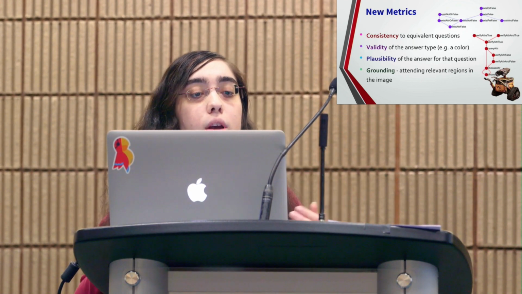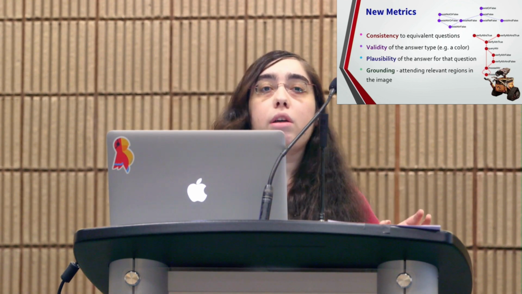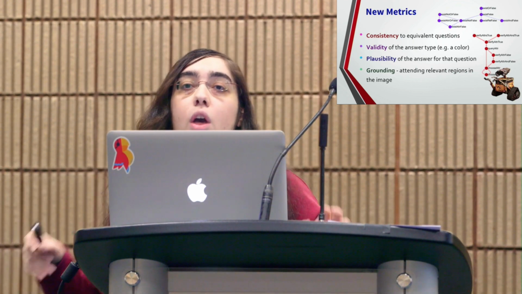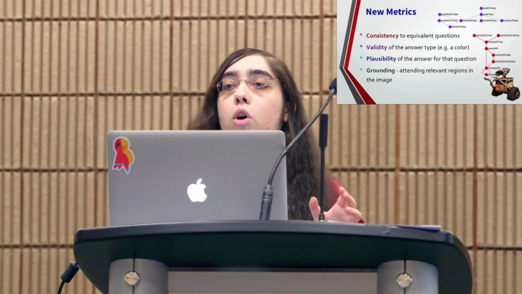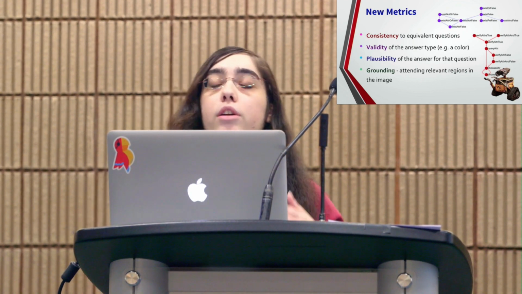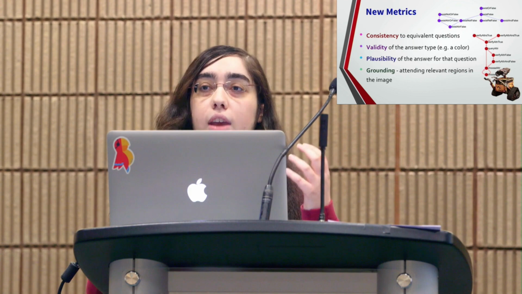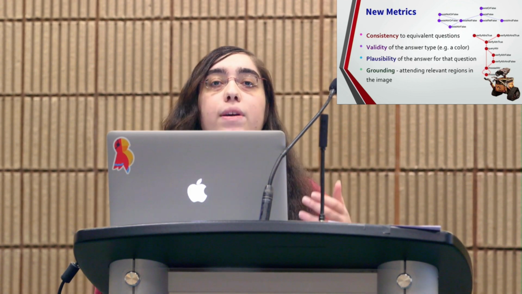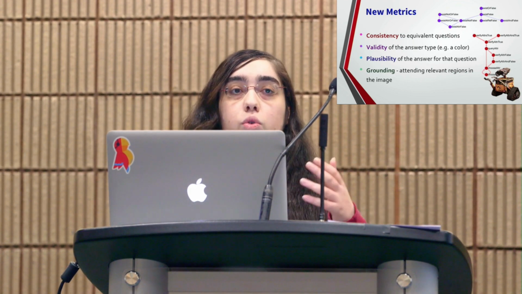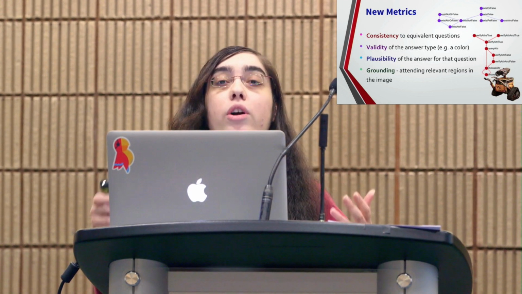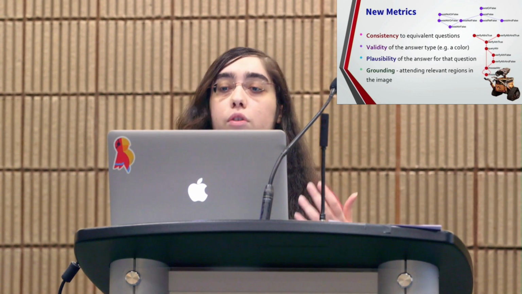And another example is grounding. Because all of the questions are grounded in the scene graph, we can measure not only whether models provide the right answer, but whether they also look at the relevant area in the image. So overall, by having these new metrics, we're able to get more insight about the behavior of VQA models.